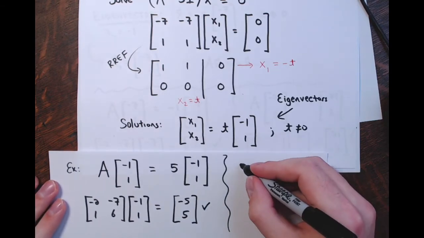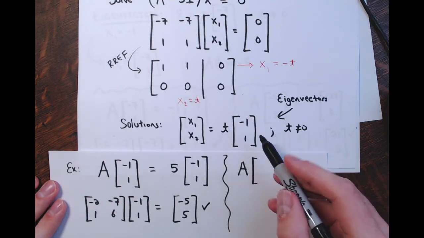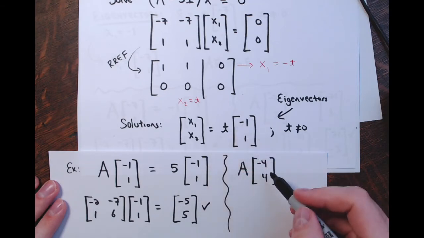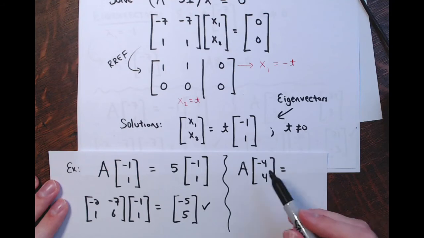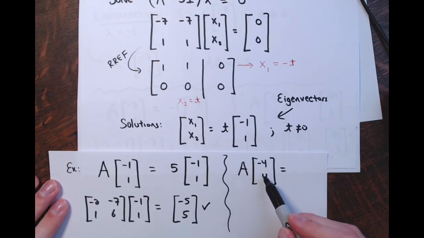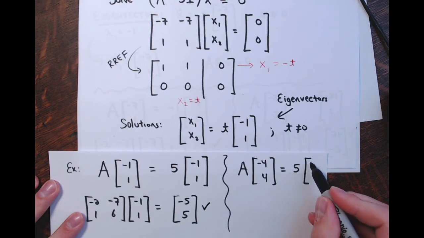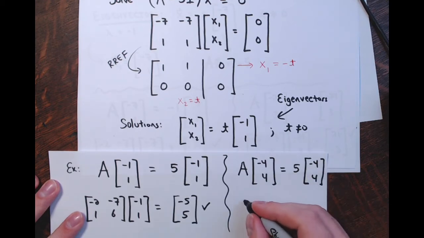So why don't we try A times, how about 4 times this, negative 4, 4? That should be an eigenvector too, also corresponding to lambda equals 5. So matrix A times negative 4, 4 should end up being 5 times negative 4, 4. So I'll get negative 20, 20. Let's see.